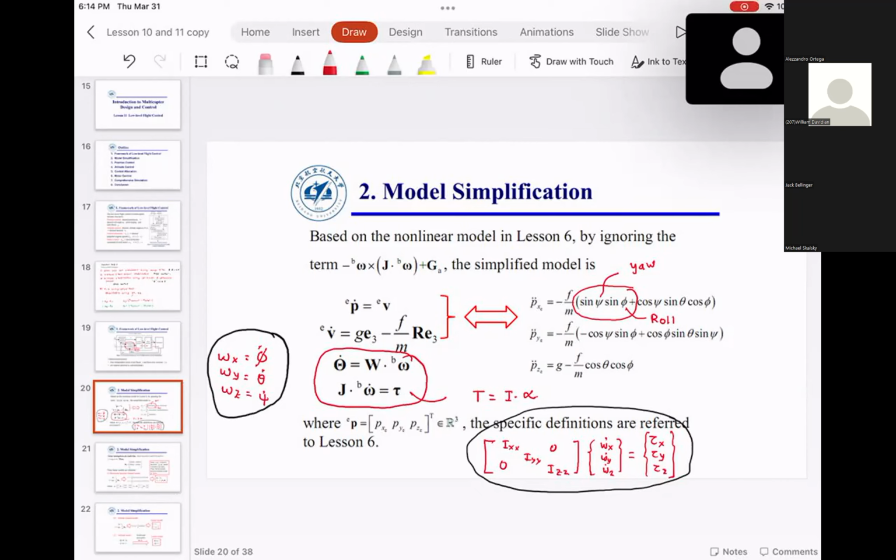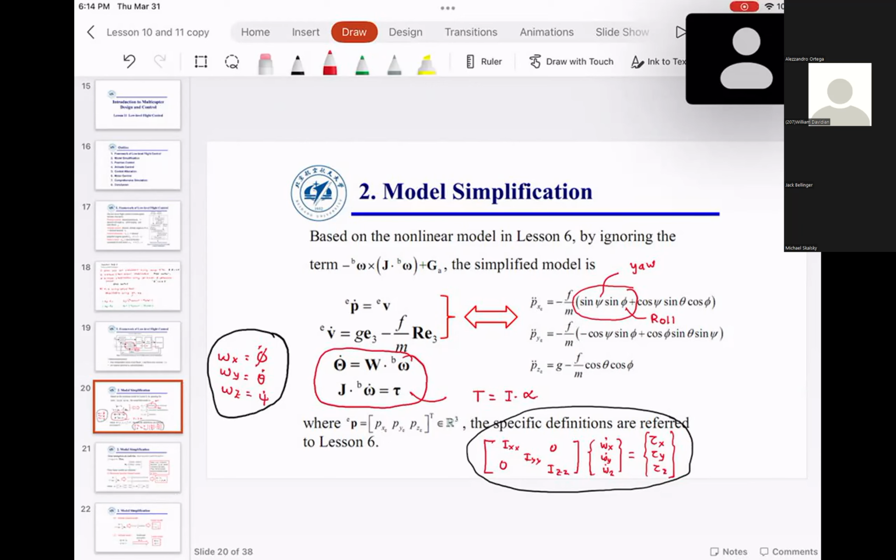So you need to relax the stabilization algorithm and provide some non-zero value for the coupling terms so that the quadcopter can go forward or backward. I don't know if you understand this concept, but this is what it means.